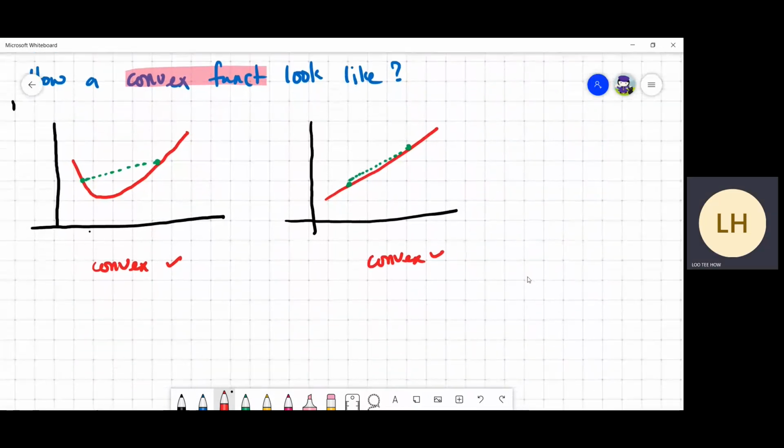Maybe I will write the idea over here. What is meant by a convex function?